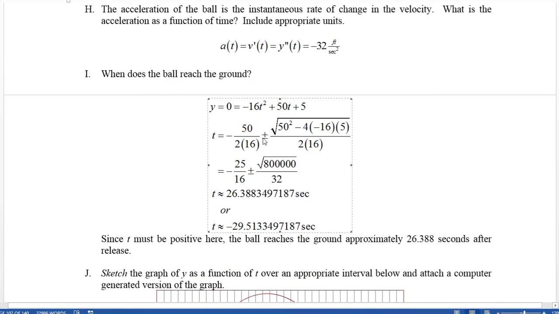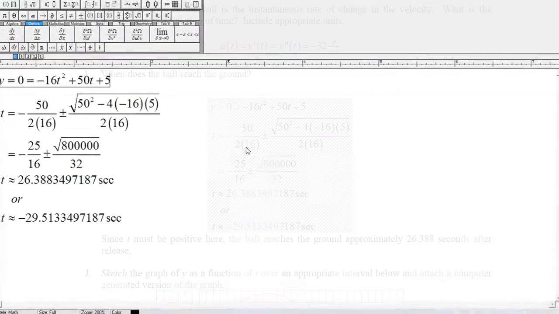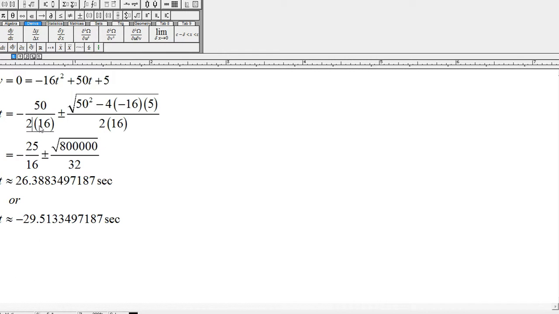So let's go back here. The opposite of b over 2 times a. Aha. That's a negative 16. Here and here. Well, yeah, negative 16.